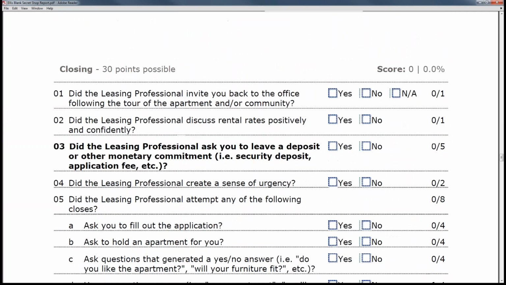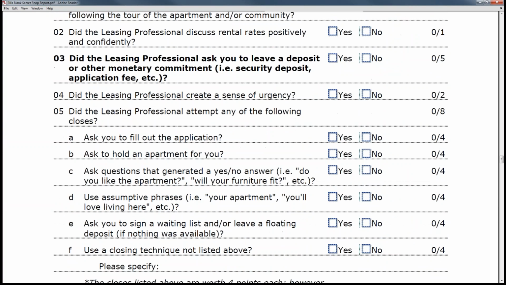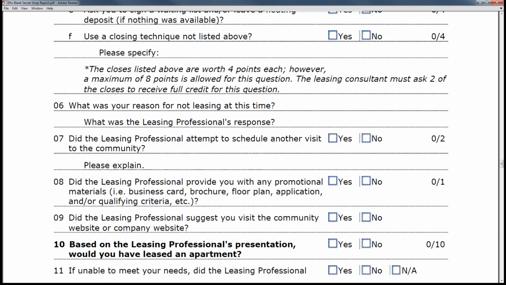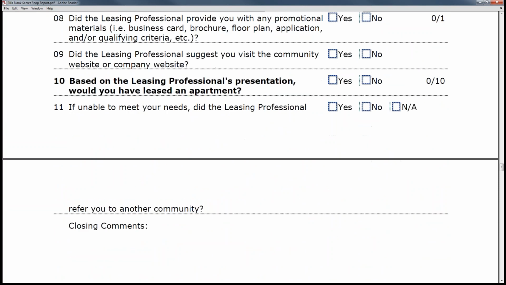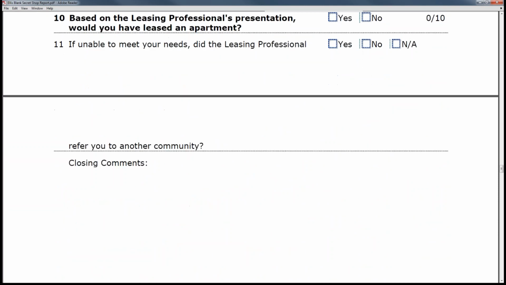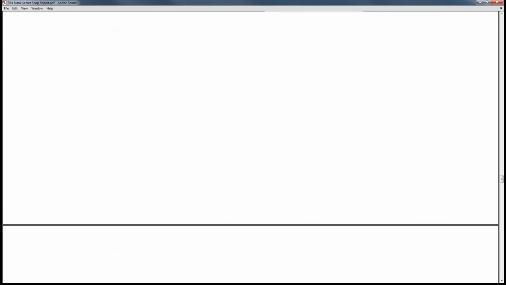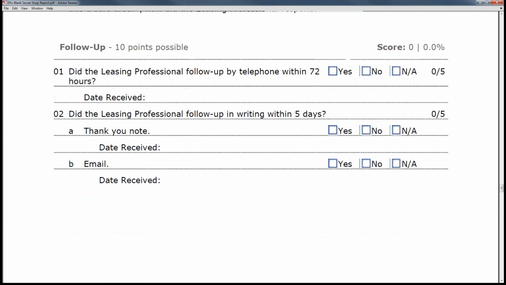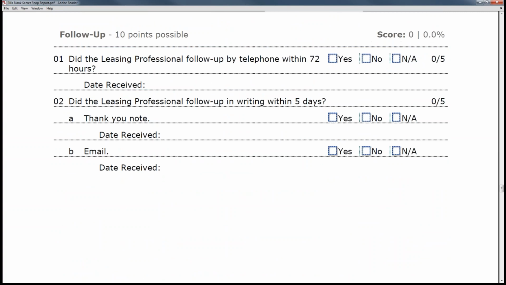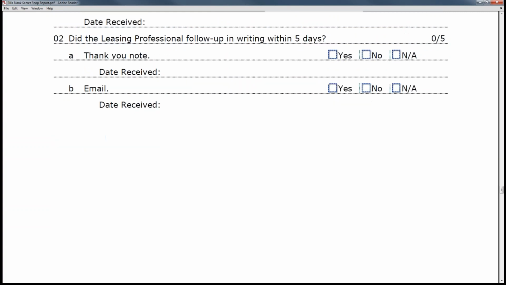As you can see, it's pretty in-depth here, so you get a good snapshot of how everything went, as well as the phone calls are recorded just like they would be in lead to lease. Talk about fair housing, talk about follow-up. Follow-up is very important.